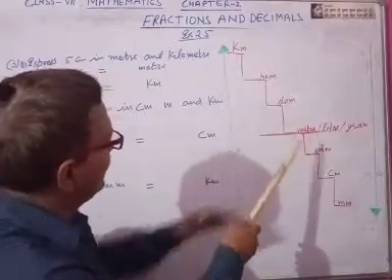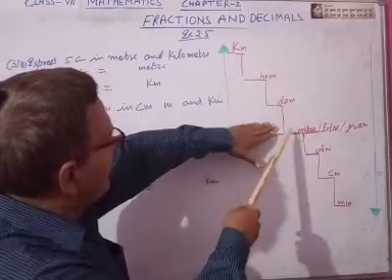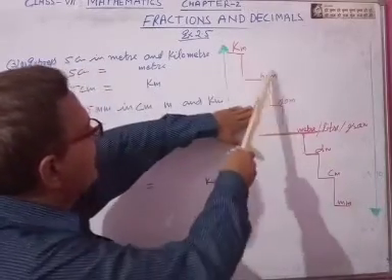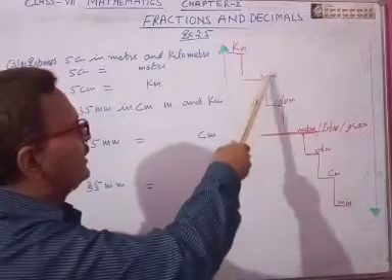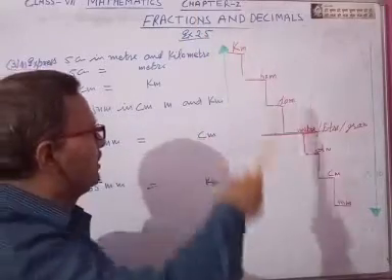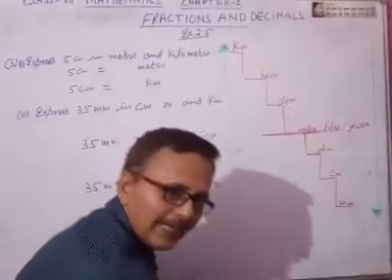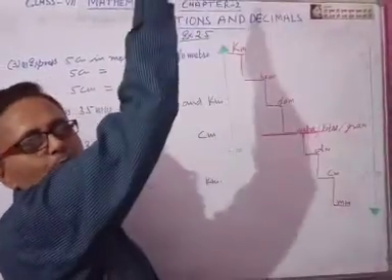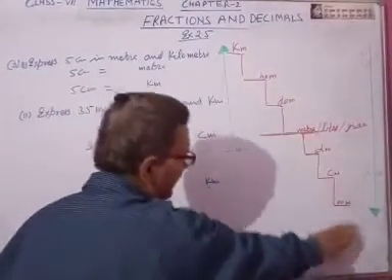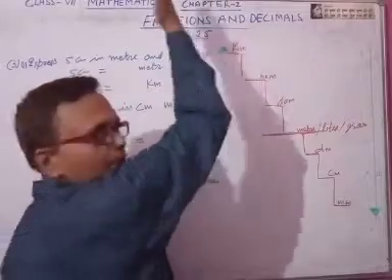So you will learn from here upwards: deca, hecto, kilo, and deci, centi, milli.